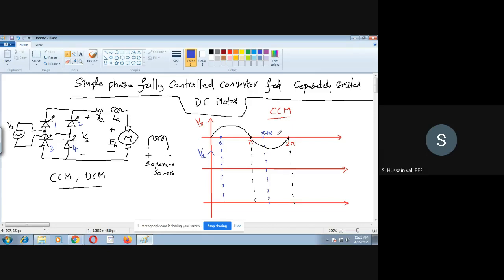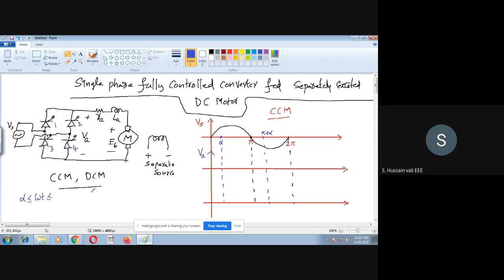I will start the operation at alpha. At alpha, we will trigger thyristors 1 and 4 because it's a positive half cycle. So I will write here from alpha less than or equal to omega t less than or equal to, we'll fill that in later.